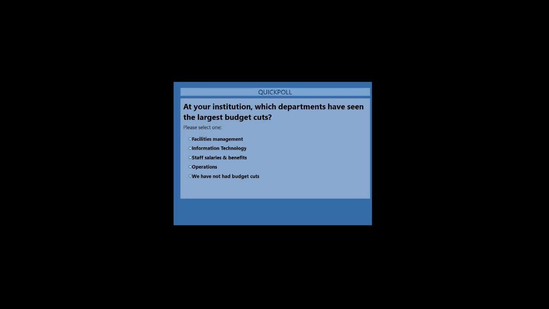Yep, so once again, you guys should see a poll on your screen. This question reads, at your institution, which departments have seen the largest budget cuts? So please select one and vote right now. And we'll give you guys a few seconds to submit your answers. But again, at your institution, which departments have seen the largest budget cuts? Facilities management, information technology, staff salaries and benefits, operations, or we have not had budget cuts, which no one has submitted yet.